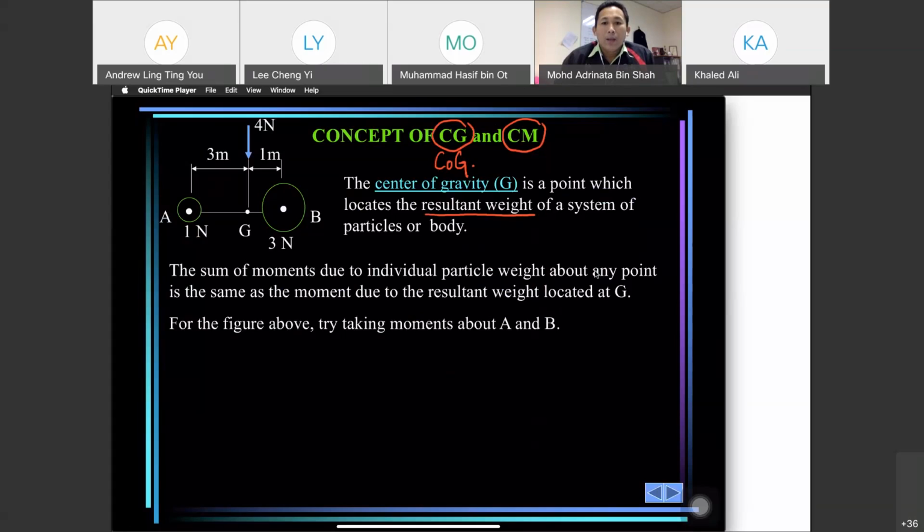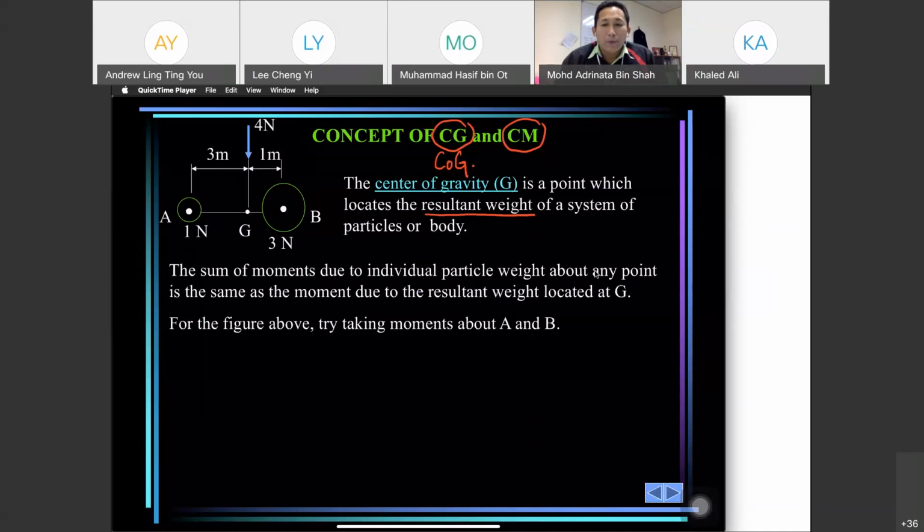Okay. As you can see in the figure above, try taking moments about A and about B. Let's say we take moment at point A from the figure.